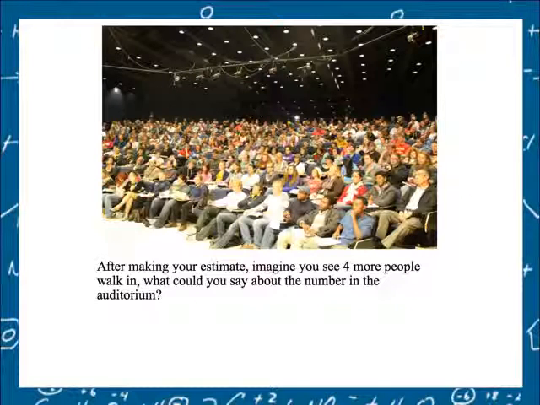So now let's say, having just made my estimate of 200 people, that 4 more people walk past me and have a seat. Do you think that I could say with confidence that there are now 204 people in this auditorium? I hope you agree with me that I can't. That is because the number of people that walked in, 4, is small compared to the uncertainty in my initial estimate of 200 people.